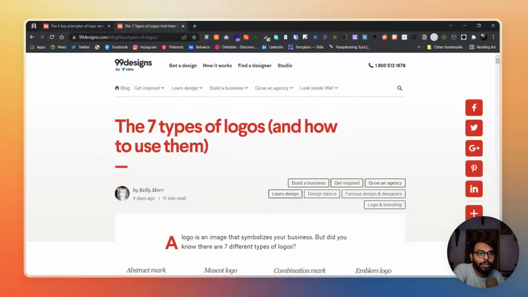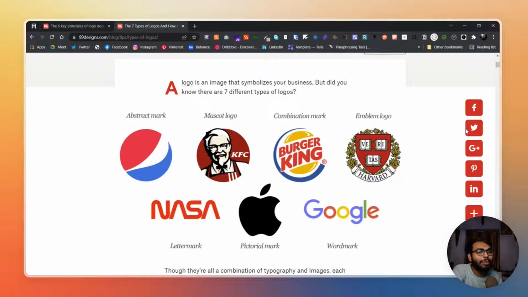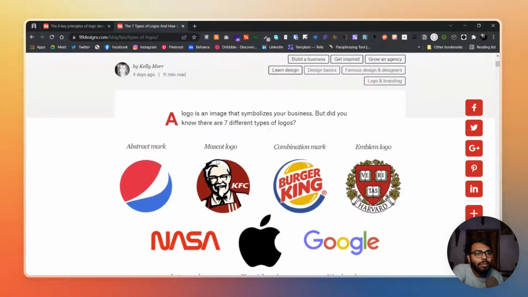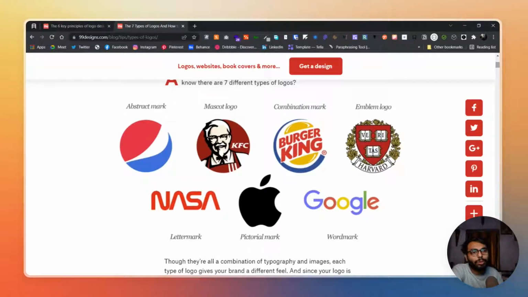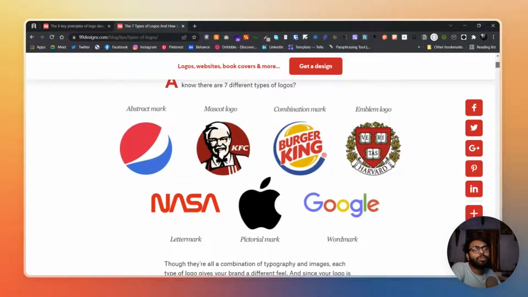Here we have the logos, and in one go you can understand the 7 logo types presented here. First is abstract, mascot, combination mark, emblem logo, letter marks, pictorial, word marks. Combination mark is that one, right?